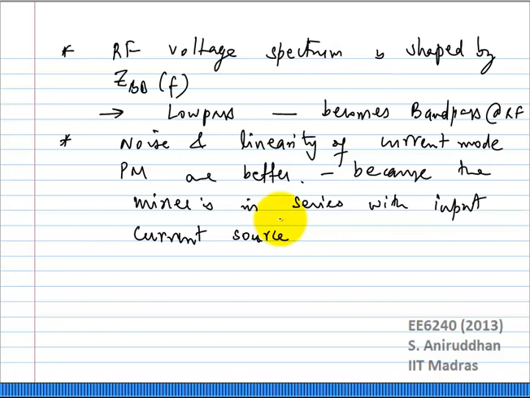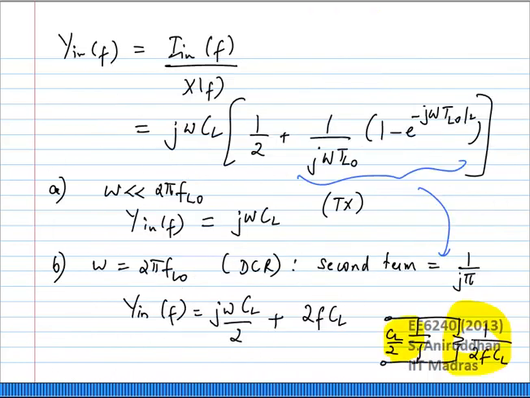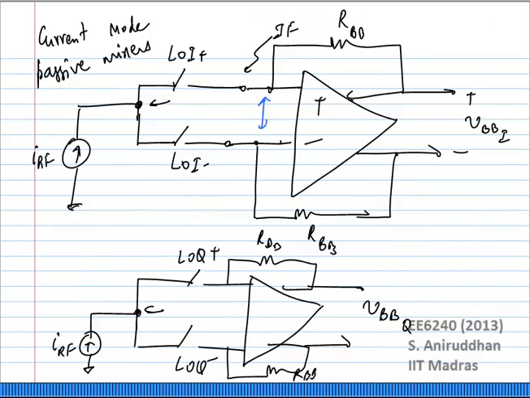Now, obviously there are other reasons also. Normally, if you are trying to create these current mode mixers, you can make the linearity even better. For example, we gave the example of the transconductance transimpedance amplifier yesterday, where you make sure that the voltage swings at both the input and the output are very small, right?